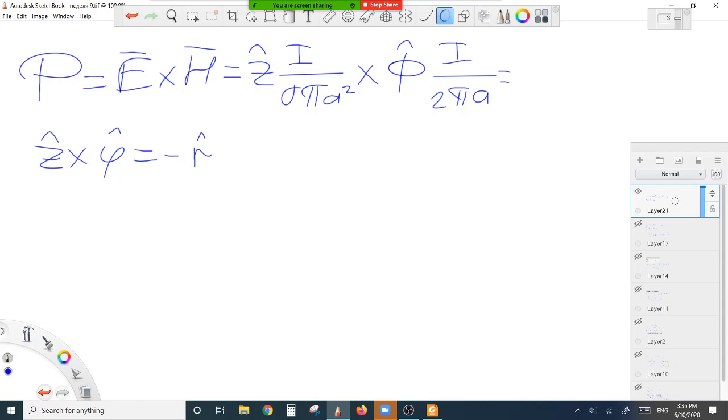And so what we get is minus r I squared over 2 sigma pi squared a to the third power. And the unit of measurement is watt per meter squared.